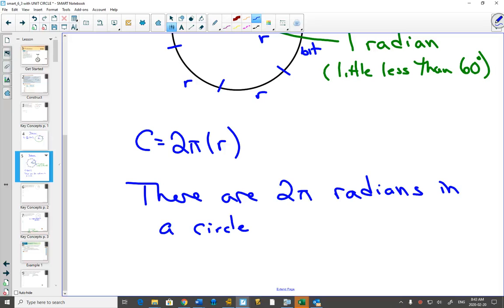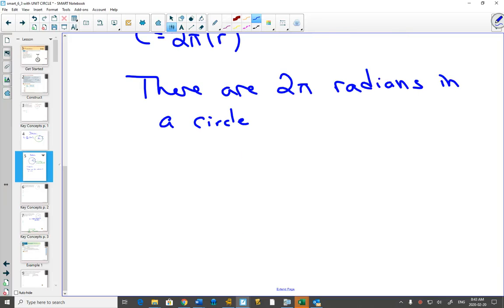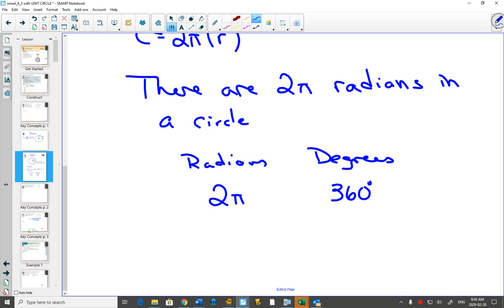Well, this is going to allow us to figure out what 1 radian is exactly. Because now, if we just sort of make a chart here of what we know for radians and degrees, we know that there are 2 pi radians in a circle, and we know that there are 360 degrees in a circle.